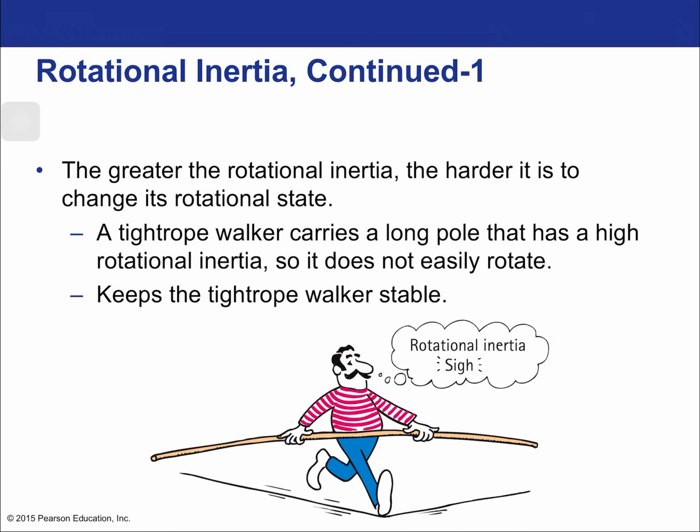Continued. The greater the rotational inertia, the harder it is to change its rotational state. A tightrope walker carries a long pole that has a high rotational inertia, so it does not easily rotate. That very long pole, although it may seem unwieldy, is hard to rotate. That means it's going to accelerate slowly.